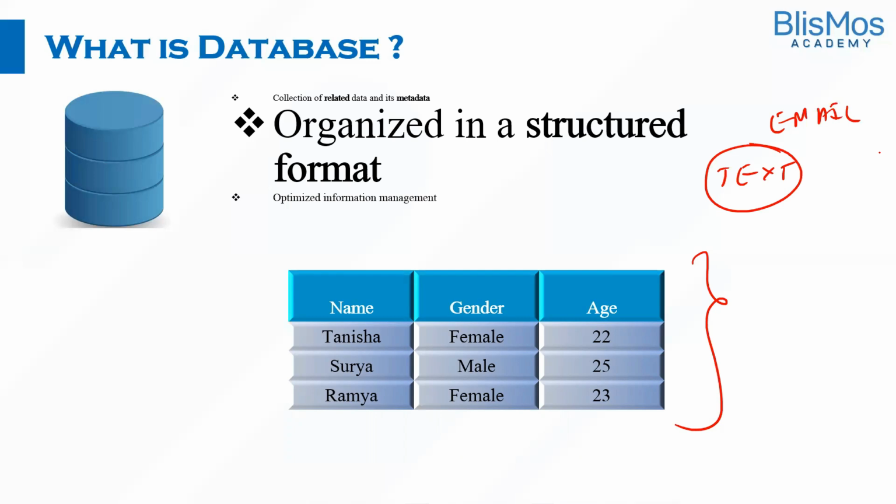It is not. It is unstructured. The pictures you are taking, are they in a structured format? They are not. But if you see here, there is a structure to the data. We know easily we are having a name here, gender, age. There is a structure to the data. We'll discuss more about the structure in the next video.